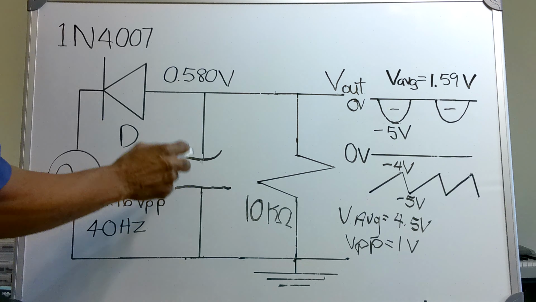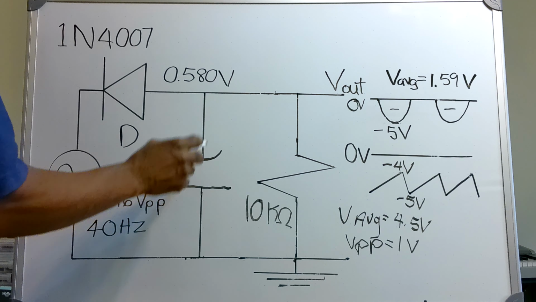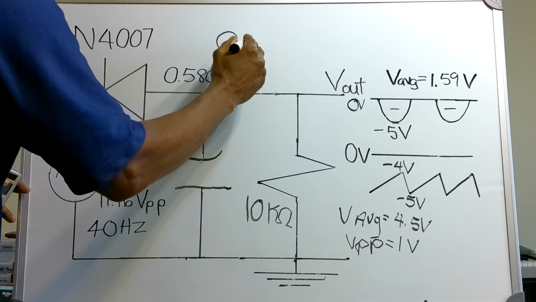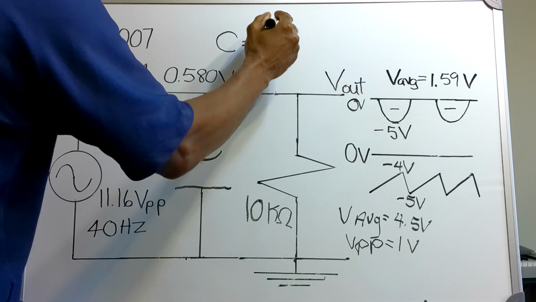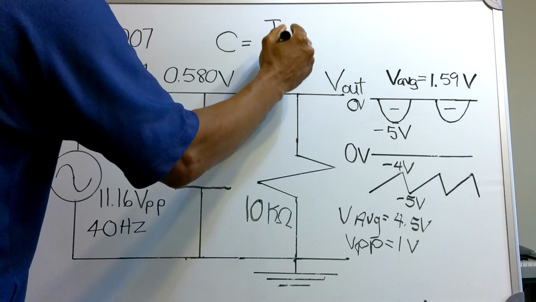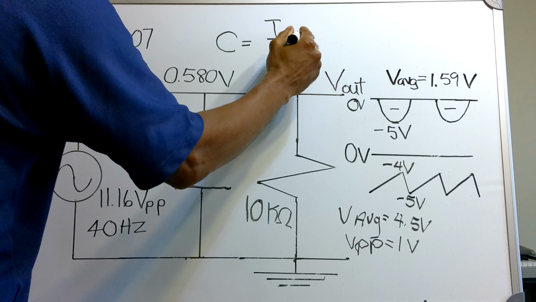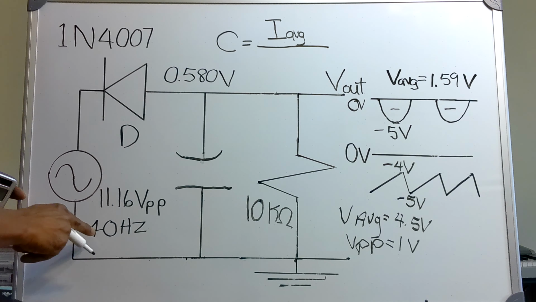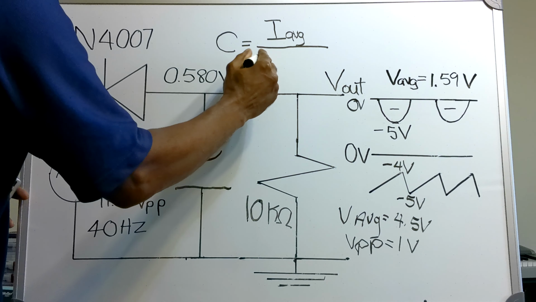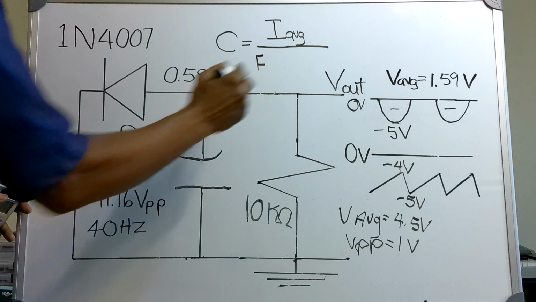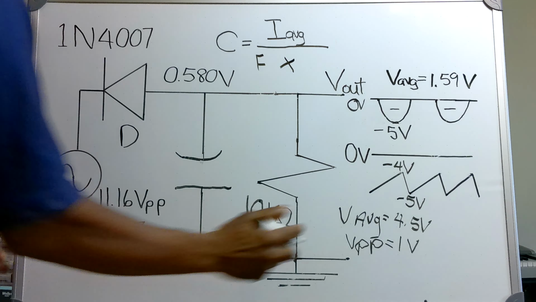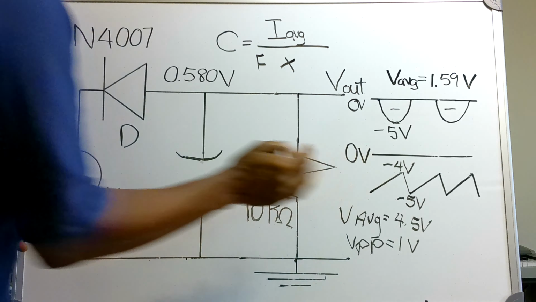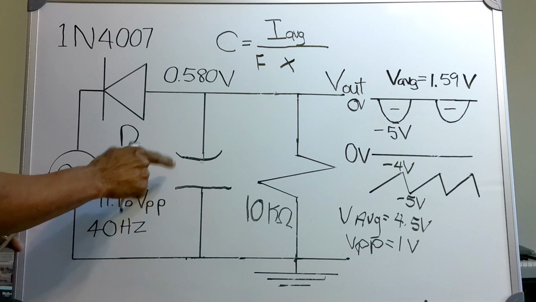Now, to find the value of this capacitor, the formula is C equals I average over the frequency times the peak-to-peak voltage of this new output after I have put the capacitor in.